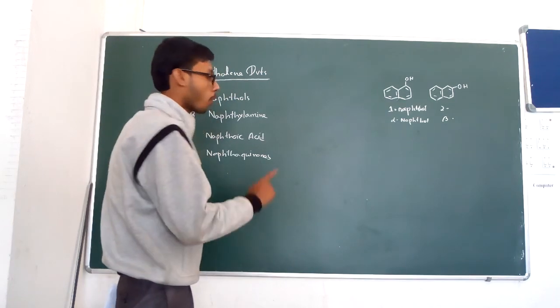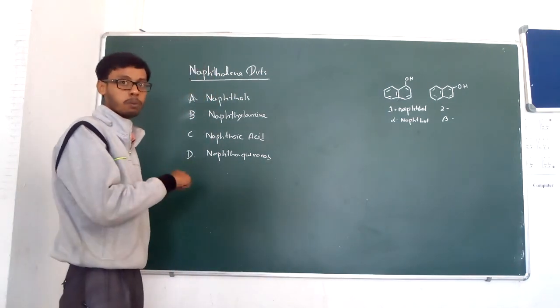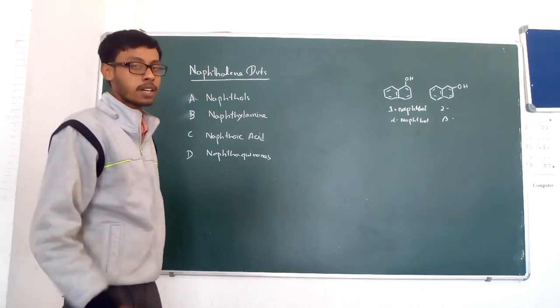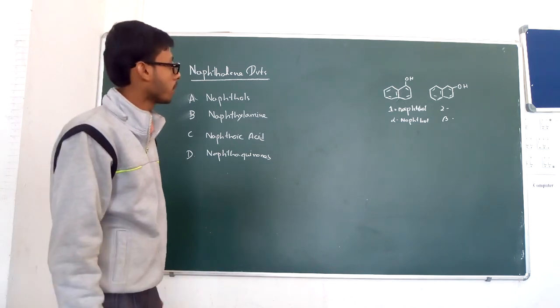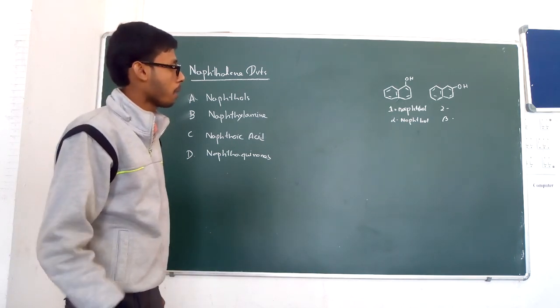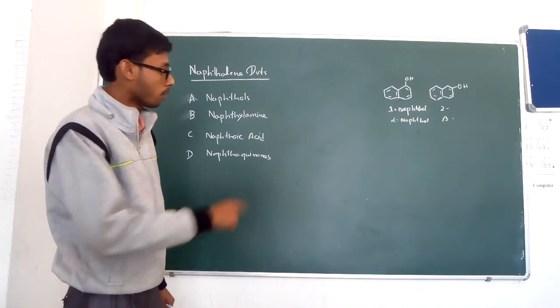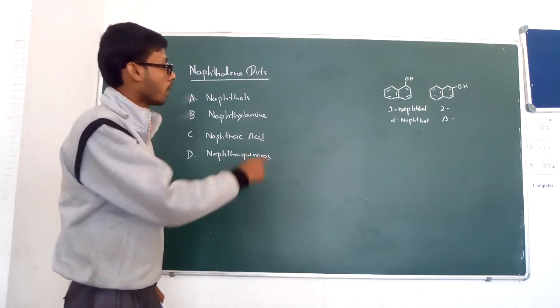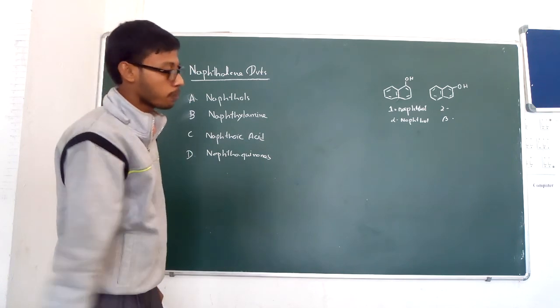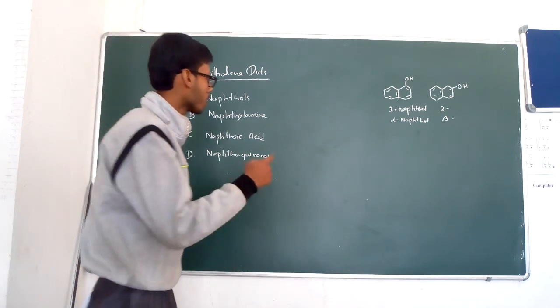So from that reaction, by treating with concentrated sulfuric acid and maintaining the heat, we can obtain alpha naphthol or beta naphthol. So a reaction like that.